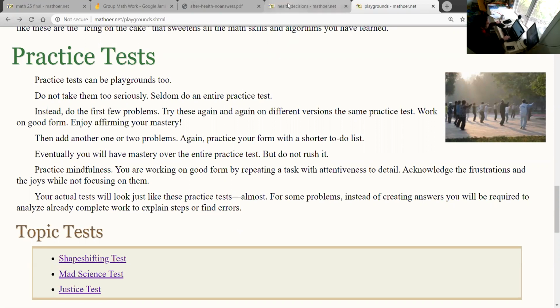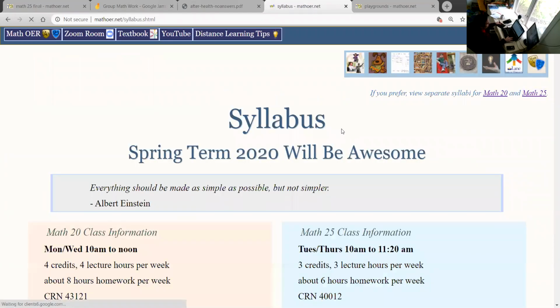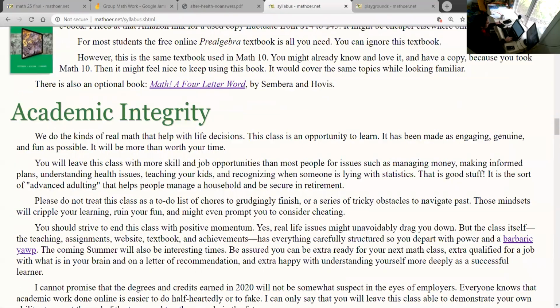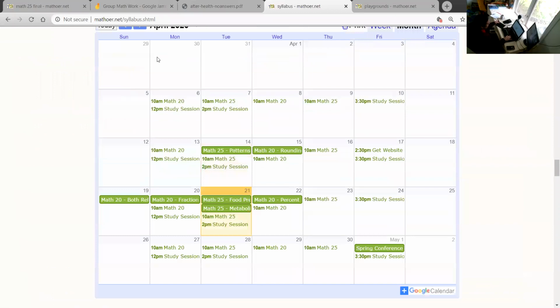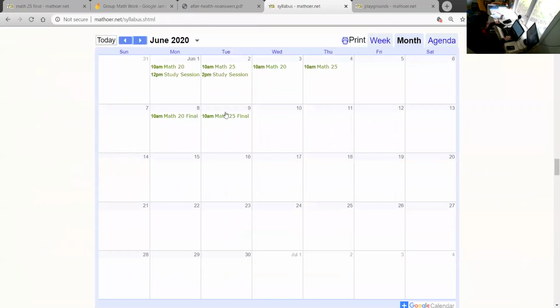If you look on the calendar, the syllabus, if you want an exact date, I can give it to you. So our final is scheduled for Tuesday, June 9th, but we're not going to actually sit down and try and take it at the same time.